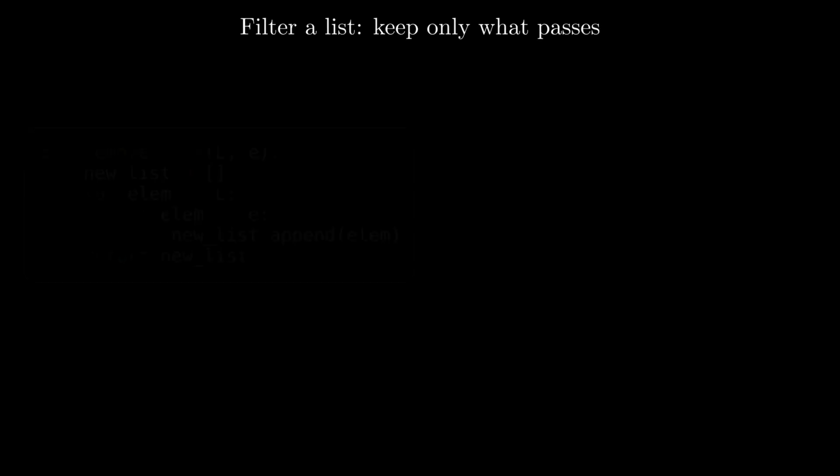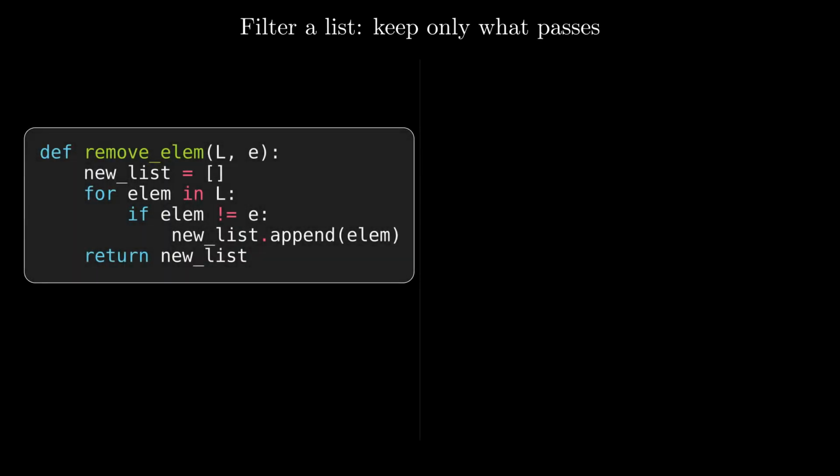Now a filter, write remove_lm, which takes a list L and the value e. It could be an integer, a string, whatever you want. It returns a new list holding the same elements in the same order, but with every element equal to e taken out. Same recipe. Start with a new empty list. This time, loop over the elements of L directly.